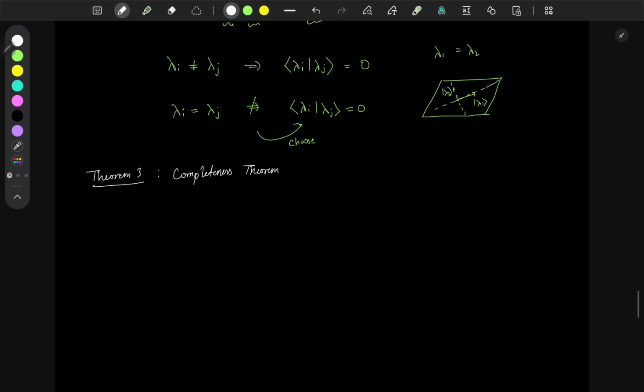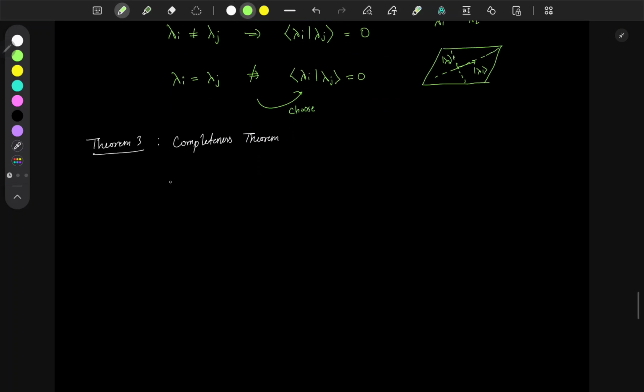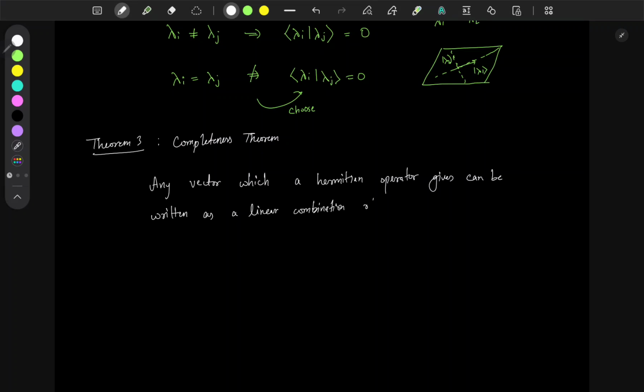So the completeness theorem says that any vector which a Hermitian operator gives can be written as a linear combination of its eigenvectors.